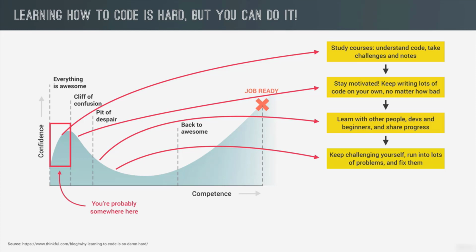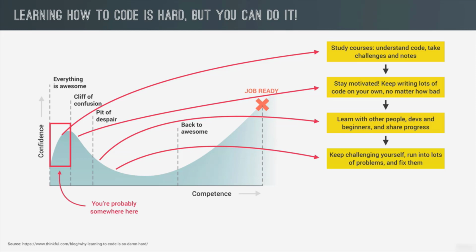Anyway, back to the journey here. At a certain point, you will start to see the light. So at this point, you're getting quite good at writing code, and your confidence will finally start to grow again. You are now in the back to awesome phase.